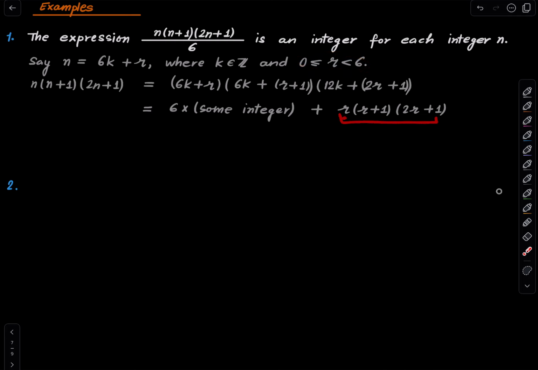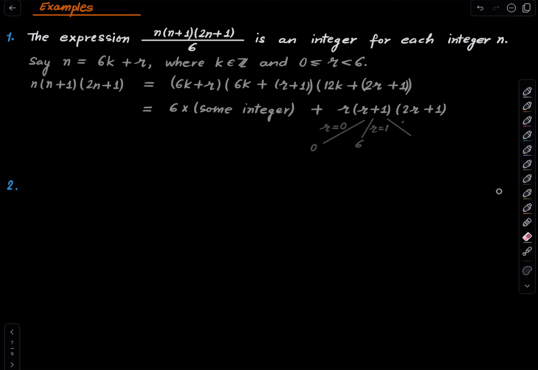So when r is 0, is this divisible by 6? Yes, it is, because when r is 0, this is 0. When r is 1, then what is this? Then this is 1 times 2 times 3, which is 6, certainly divisible by 6.